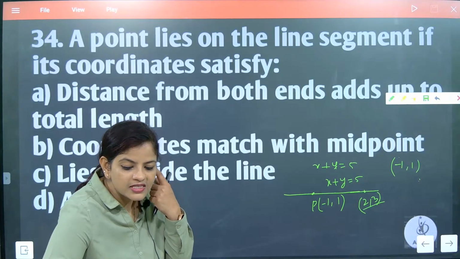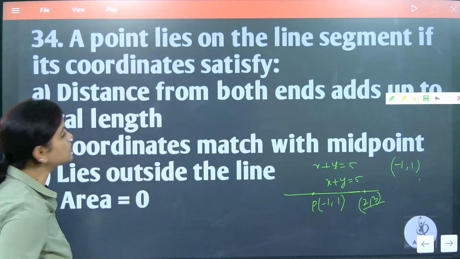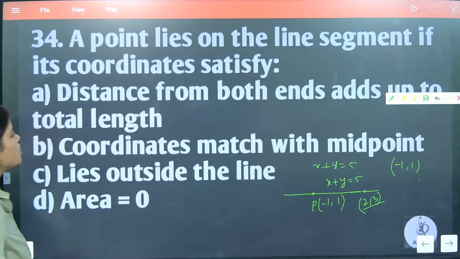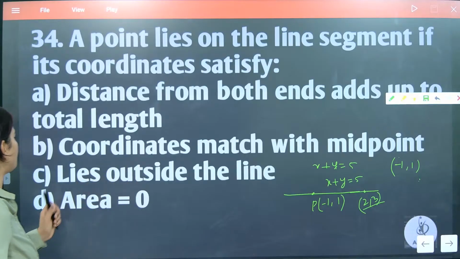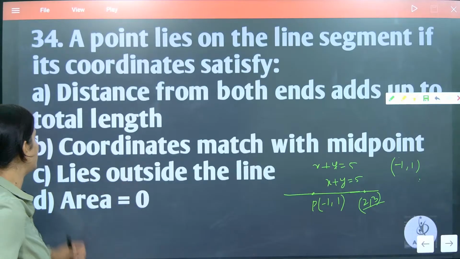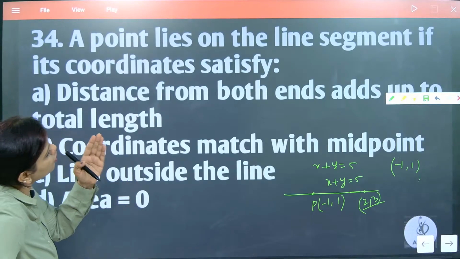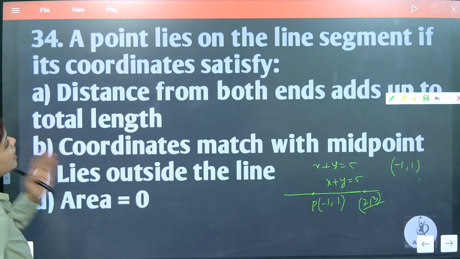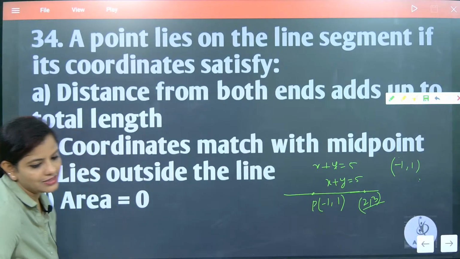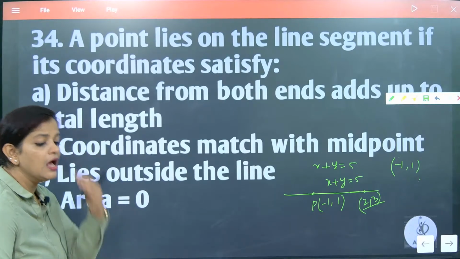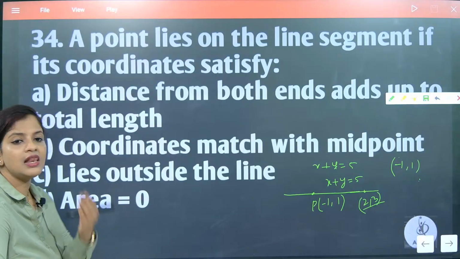Okay, Pushpa has given answer C. Let's check this one out. The options are: coordinates match with the midpoint, or lies outside the line. A point lies on a line segment means the point will be present on the line segment.